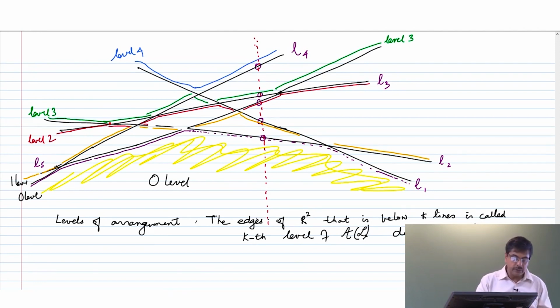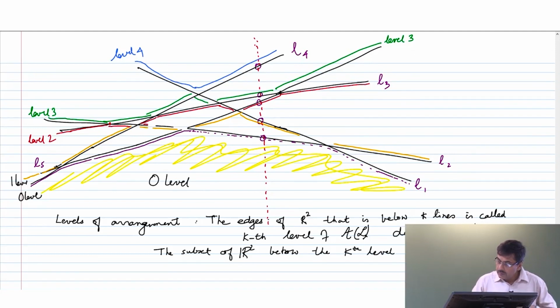So, I have drawn the 0th level, level 1, level 2, and the subset of R square below the kth level is known as the less than or equal to k level.